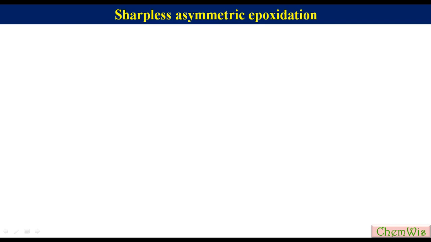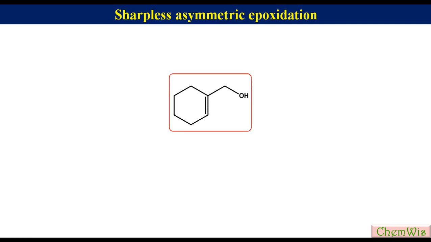Let's take the example of cyclohex-1-en-1-yl methanol drawn like this. Label the allylic system starting from the allylic carbon as 1, 2 and 3. Draw an arrow from 1 to 3.